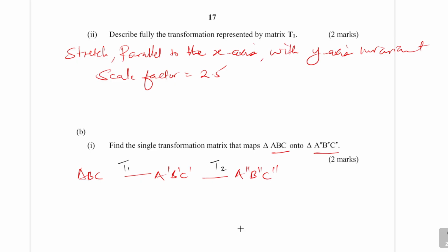And to get the single matrix for successive transformation, because we have the two, T1 followed by T2, we take T2 multiplied by T1, and not T1 multiplied by T2. It is very important to note this. Under successive transformation, T1 followed by T2, we get the single matrix of transformation by taking the matrix T2 multiplied by T1 and not T1 multiplied by T2.